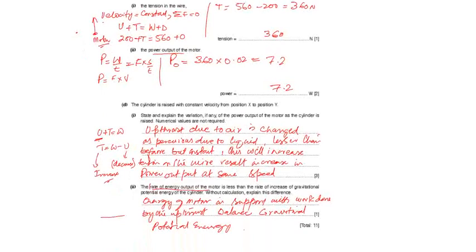So the energy of the motor is supported by the work done by the upthrust on the cylinder, and it is balanced with the gravitational potential energy. So gravitational potential energy is greater than the energy of the motor, because the energy of the motor plus the work done by the upthrust on the cylinder equals the gravitational potential energy.